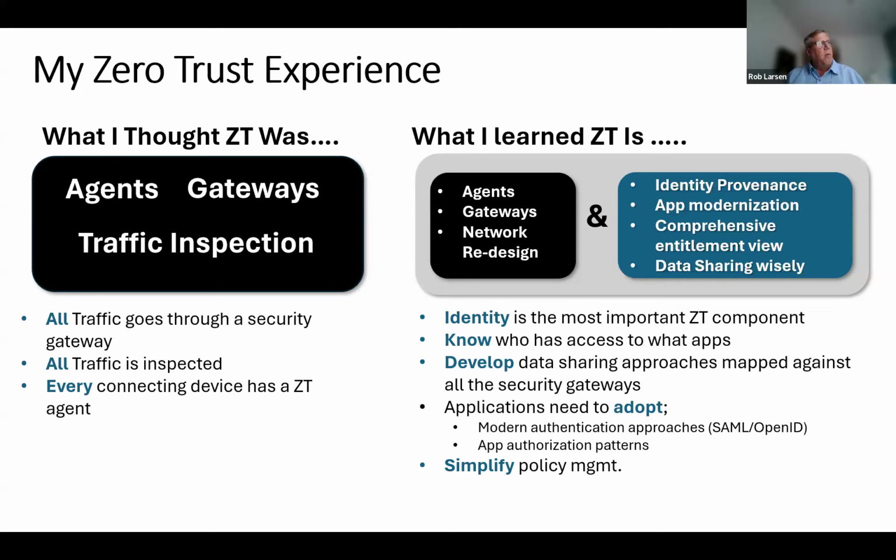And I think simplifying policy management so that you really are looking for the things that are challenging makes sense. I think if you have too many policies spread out across too many security controls, it makes it very difficult to figure out if you're protecting your data wisely and if you've really identified the humans properly.